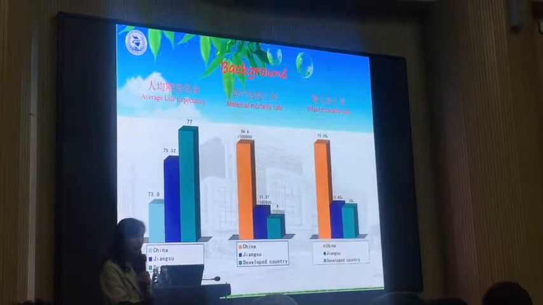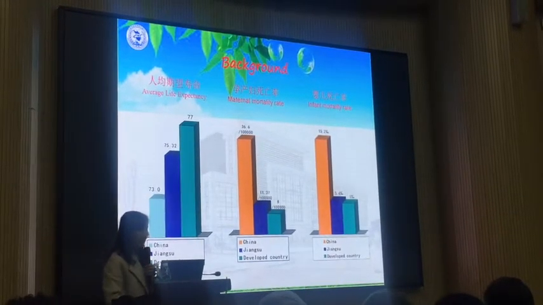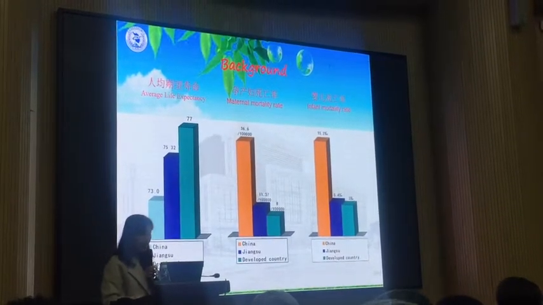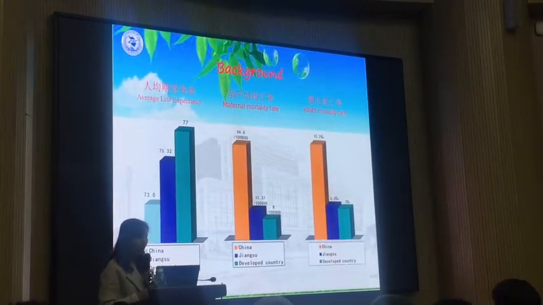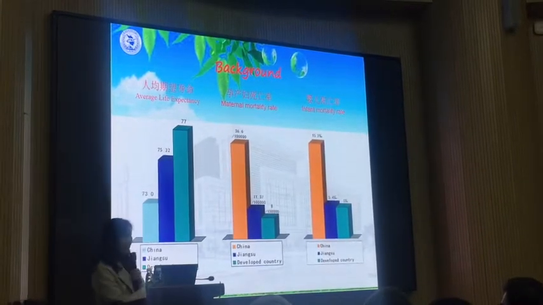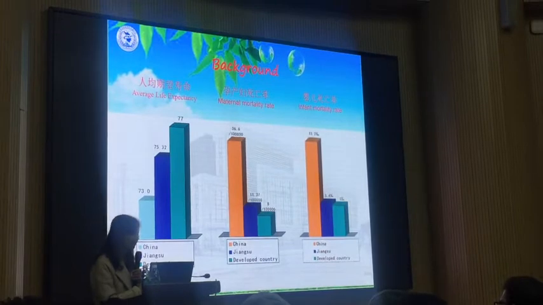I will introduce some background of Jiangsu province. We can see from this slide that the average life expectancy of Jiangsu is higher than that of China and lower than that of developed country.